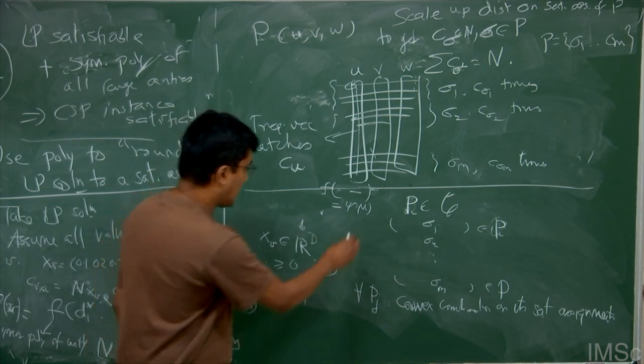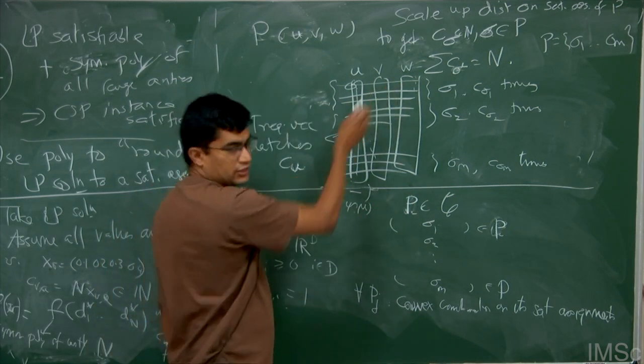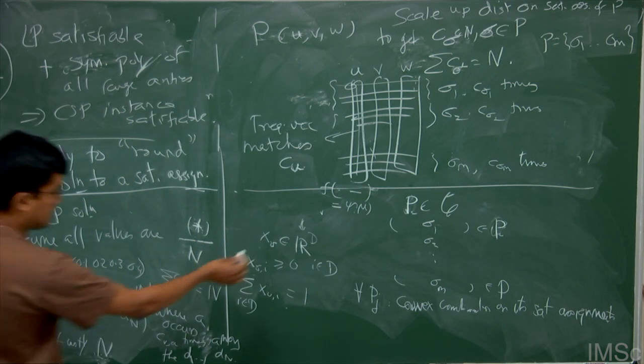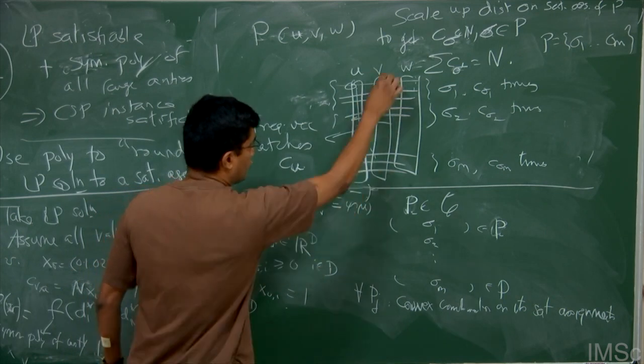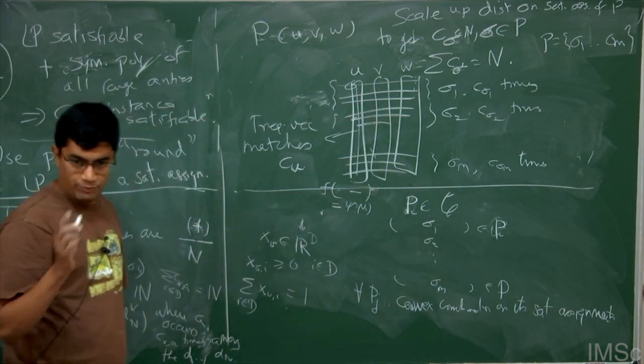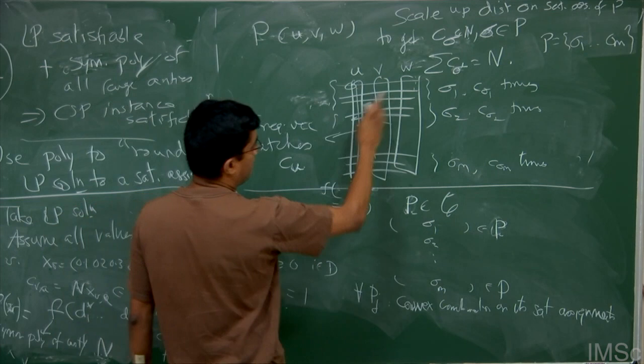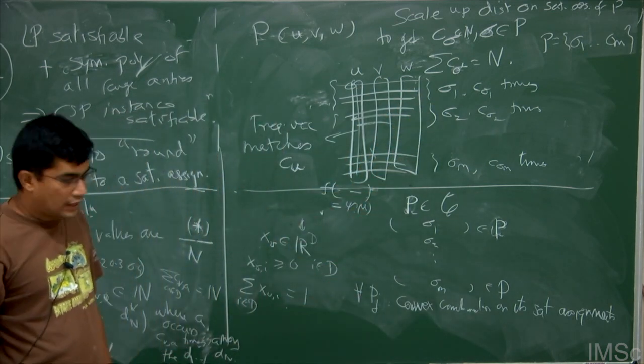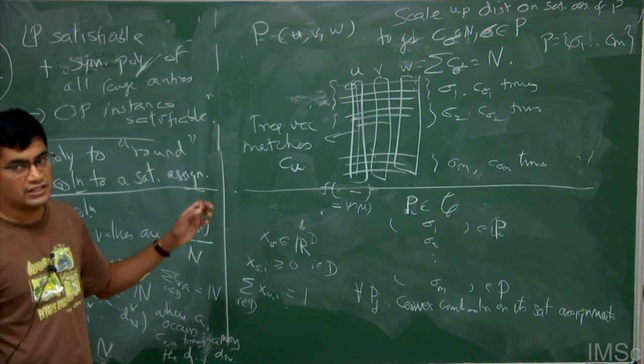Therefore psi u, psi v, psi w, which are my rounded values, must satisfy P, because they match f applied to these columns, and f, remember, is a polymorphism. I wrote down a bunch of satisfying assignments, maybe with repetitions, that's allowed, and applied f. And that's the proof.